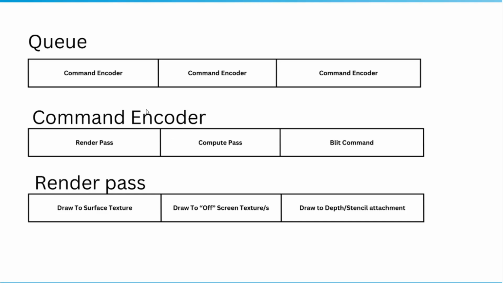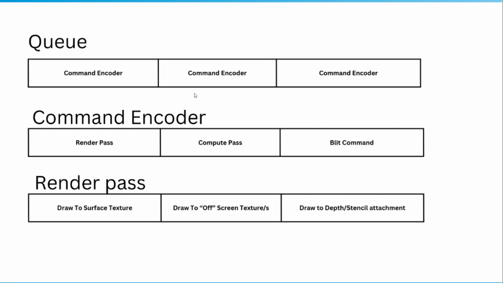And once we're done with our render pass, I forgot to mention that a command encoder can have multiple render passes and stuff like that. But once we're done with it, we're just going to submit it to the queue, right? So the queue can have multiple command encoders. And that's very often used if you're copying resources a lot.